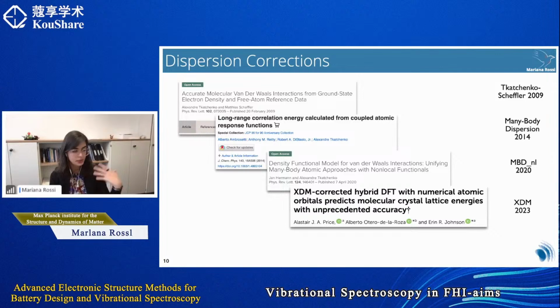And then we also have some other van der Waals corrections from other families. So the XDM by Erin Johnson and Axel Becke. This is the exchange-hole dipole moment type of van der Waals correction. It has forces and everything in the code, so it's a very nice implementation that you can also use.